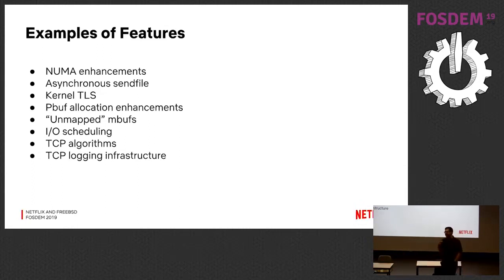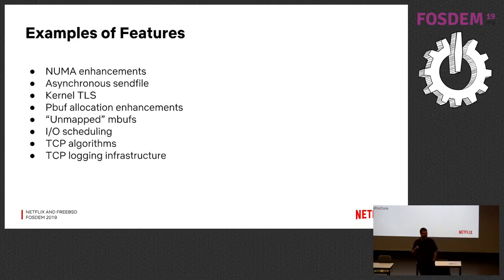There was contention for a lock, which was making the performance very bottlenecked. And so we did some work to rewrite that and be able to get more parallelism during the pbuf allocation process.